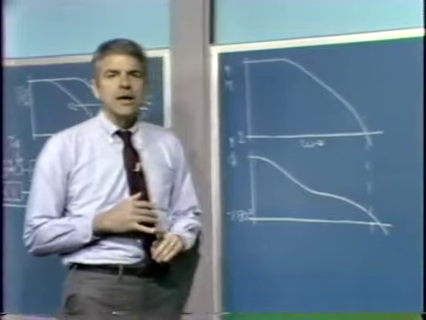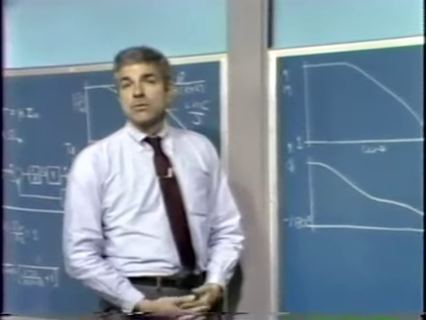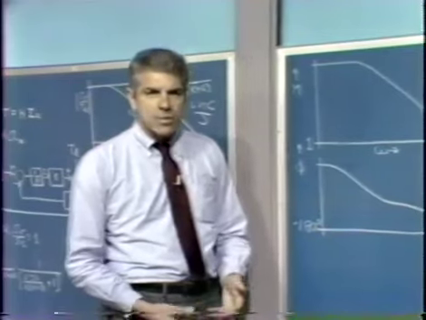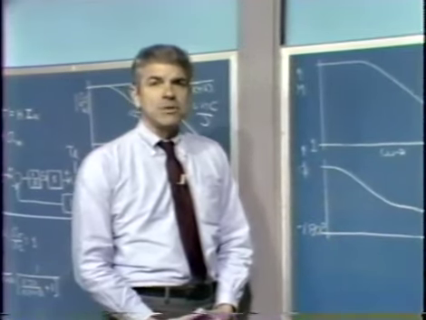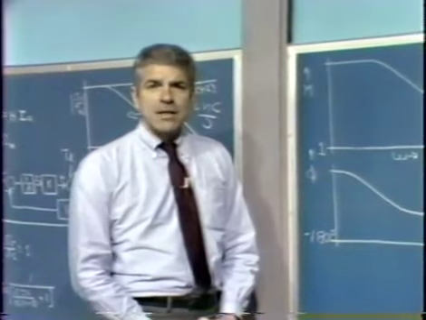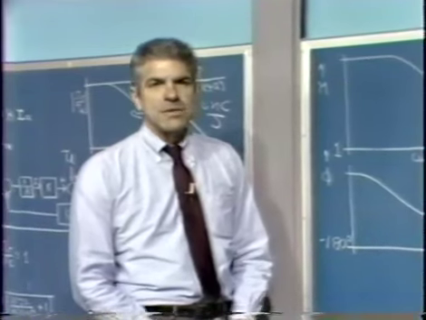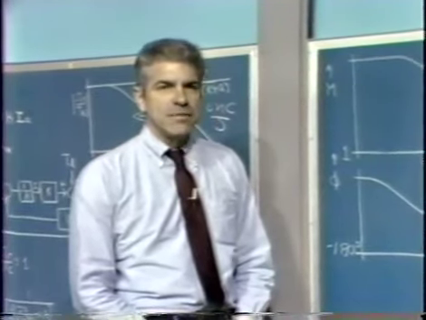Well, unfortunately, our ability to do that is limited. The implications of physical realizability tell us that there's a relationship between the magnitude and the angle of a transfer function. And in fact, the kinds of things we like to do, we really can't do with elements that contain a finite number of elements.